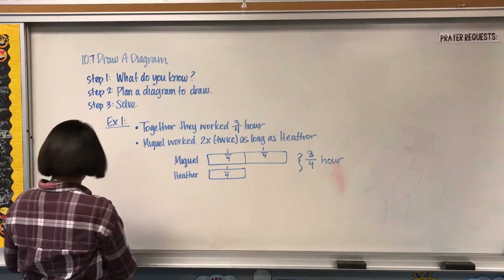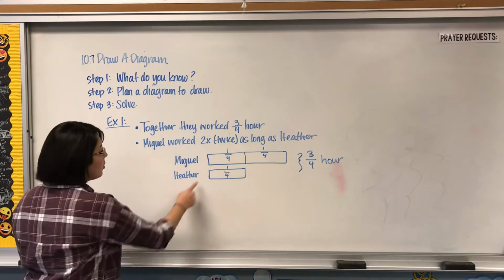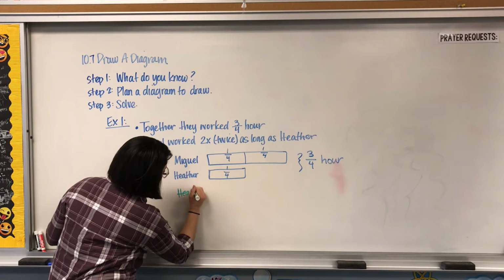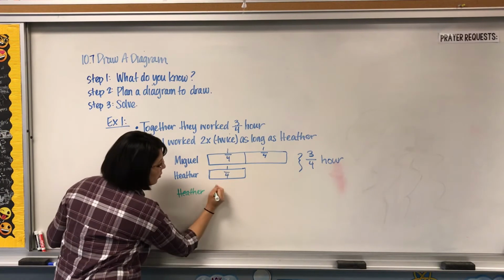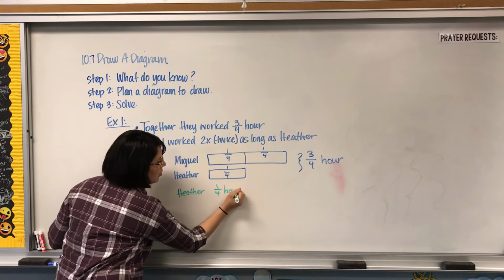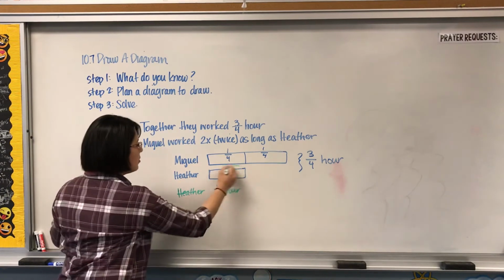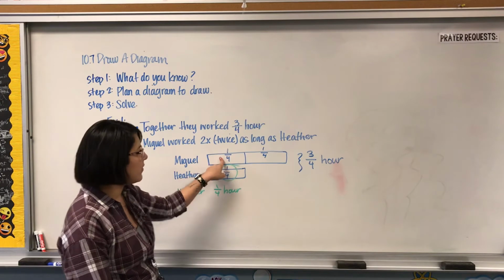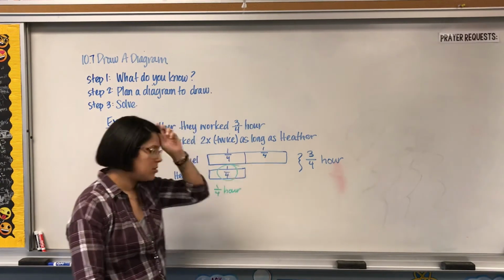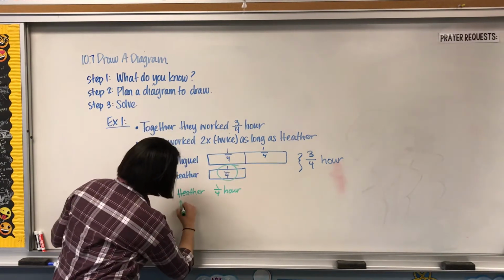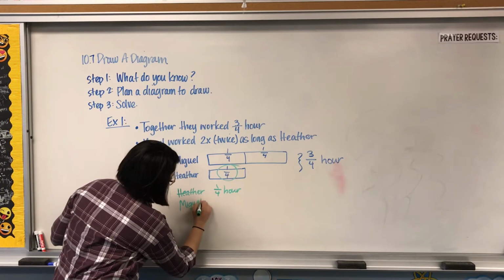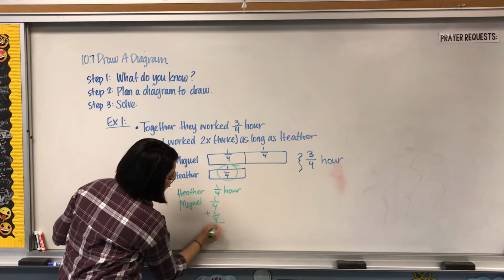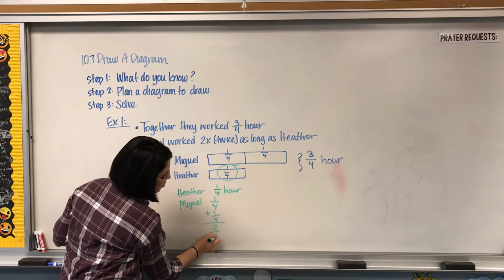Heather, that's the easy part. Heather worked for 1/4 of an hour. Okay, it's right here. Now Miguel worked for 1/4 of an hour plus 1/4 of an hour. You know how to add those. 1/4 plus 1/4 is equal to 2/4.